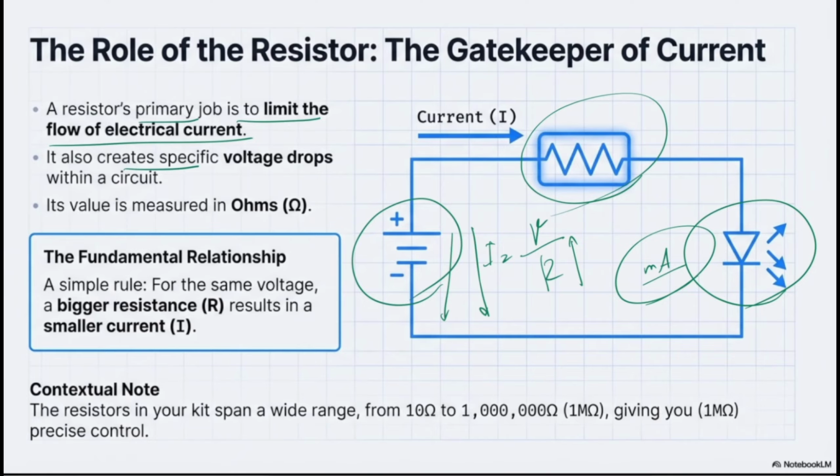It also creates specific voltage drops within the circuit, and its value is measured in ohms, something we know. Again, the fundamental relationship is between I, V, and R. As we all know, there is a triangle of V, I, and R, and we can get some help from that in order to convert one to another.